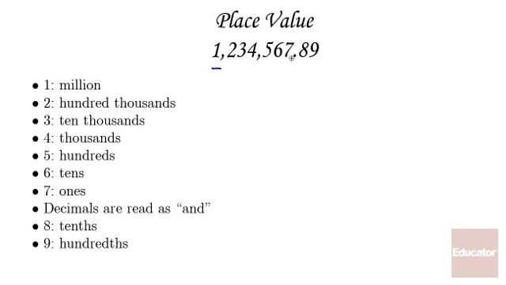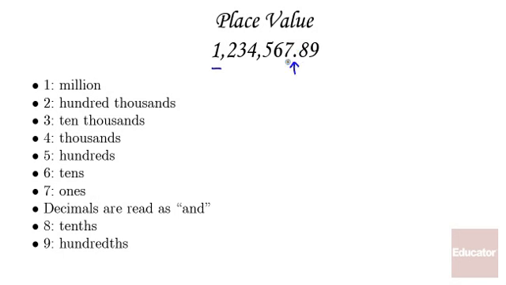So the 1 will be the million, 2 will be hundred thousands, 3 is 10 thousands, the 4 is thousands, 5 is hundreds, the 6 is tens, ones, and the decimal right here is read "and."